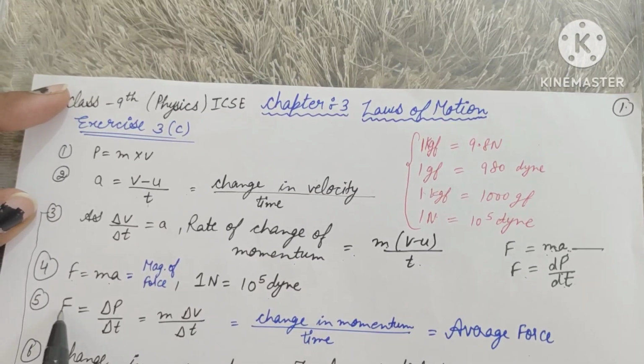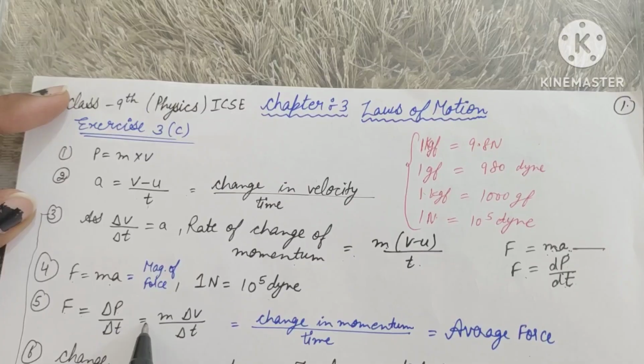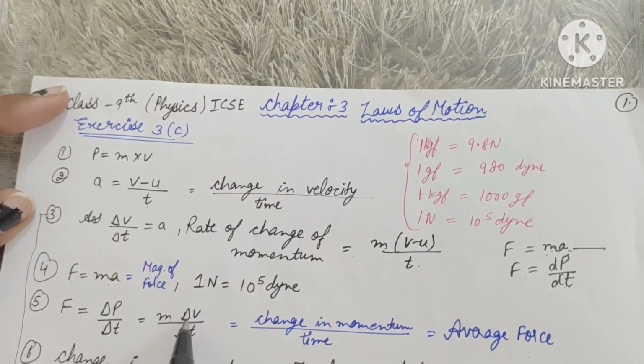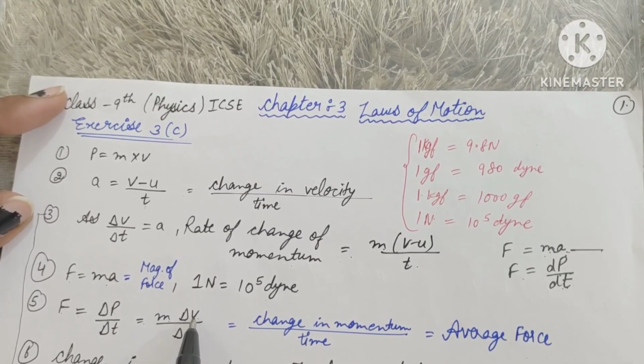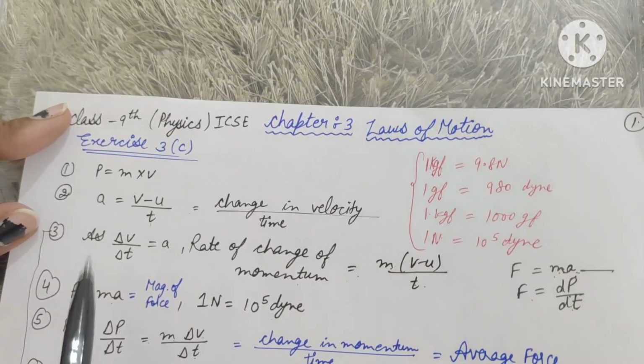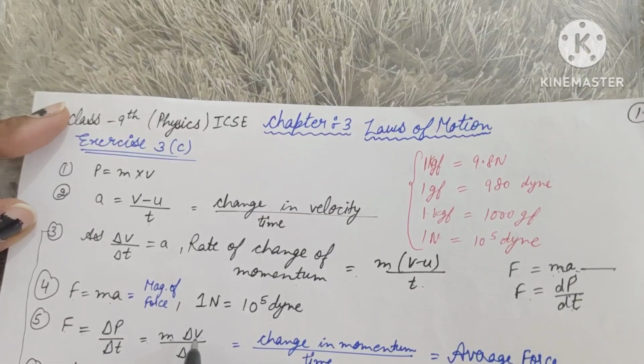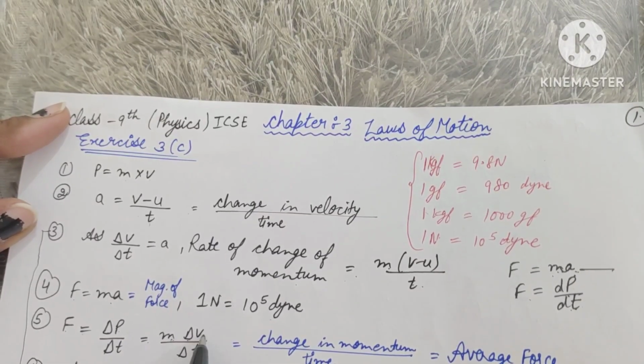What is it? Force equals the rate of change of momentum, which is also given as m into delta v by t. बच्चे यहाँ पे t था as it is. P, what is P actually? It is mass into velocity. Mass तो constant होगा. Change किस में आ सकता है? Velocity में. So we can write it like this. What is this?